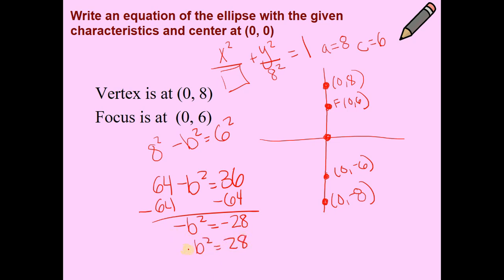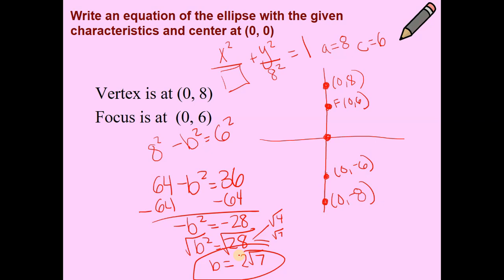Divided by negative 1. Square root both sides. I get b is, break that down, 2 square root of 7. That's what my b value would be, which is close to the a value.